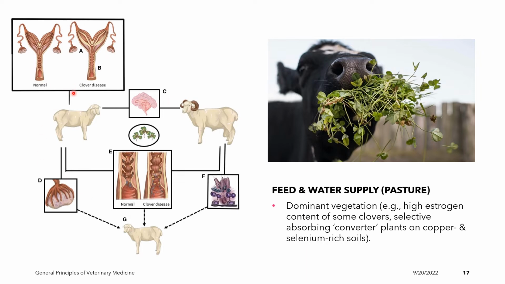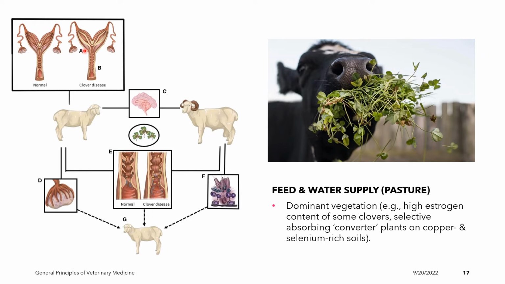As seen in this figure, this here is the normal reproductive tract of sheep, and this is the abnormal one with a clover disease. As you can see here, there is a difference between the uterus of this sheep having a clover disease and this which has a normal reproductive tract.